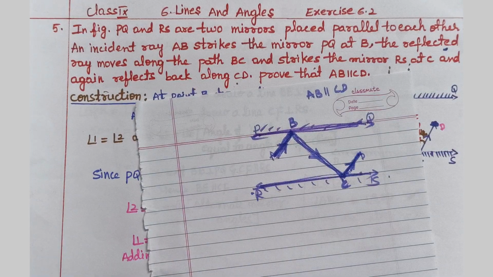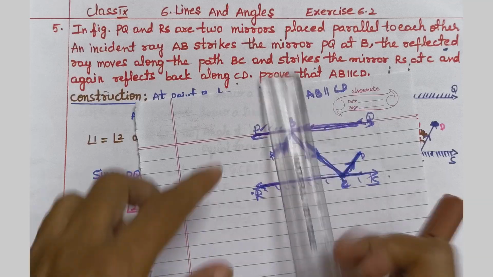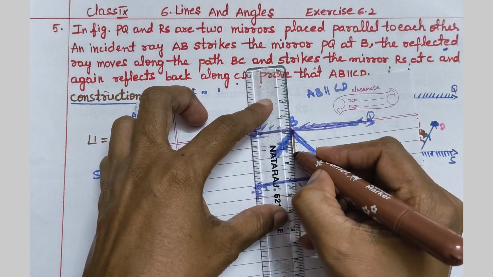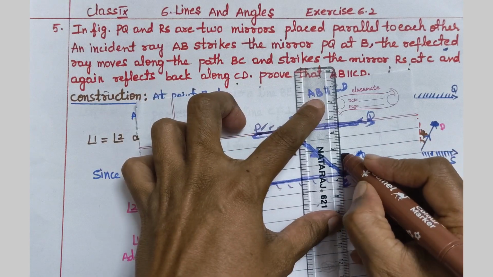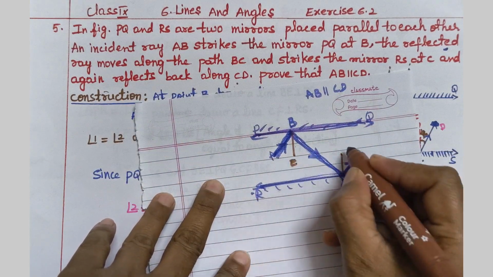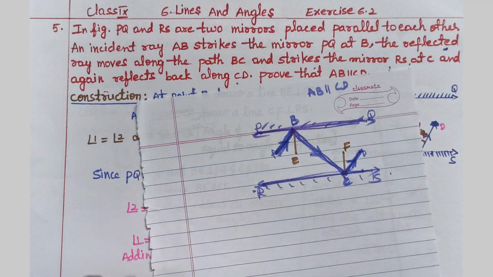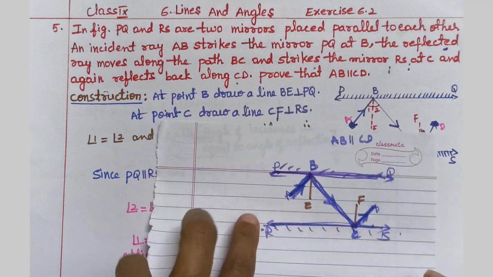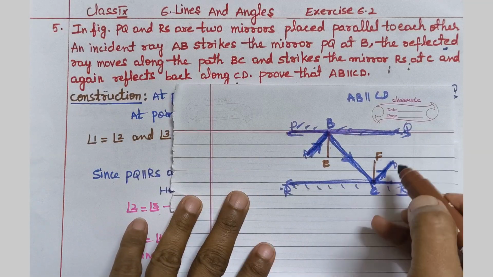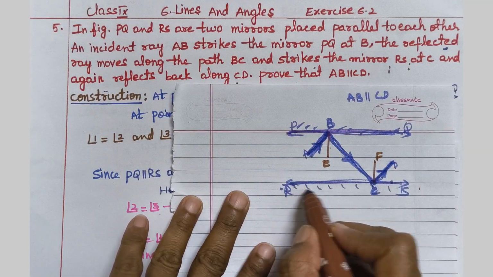Before proving, we will draw one construction. Here you draw one perpendicular line, and here also you draw one perpendicular line. You give names: this is E, this is F. This is the construction. What is the construction? BE perpendicular to PQ, CF perpendicular to RS.